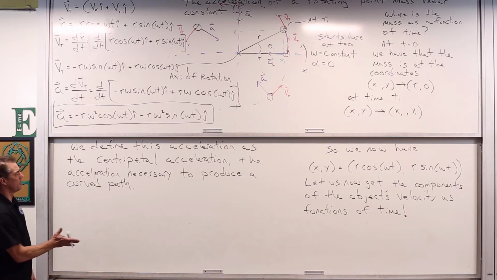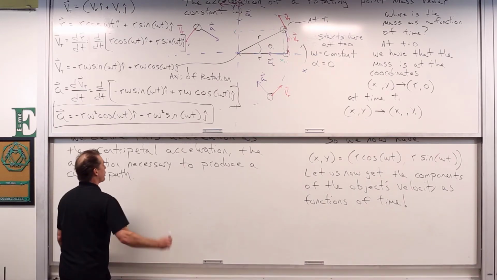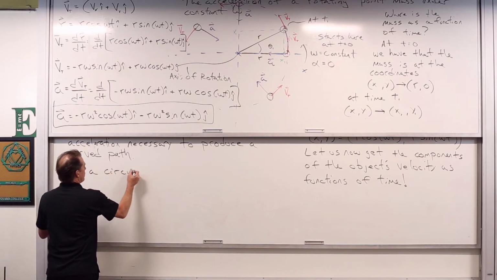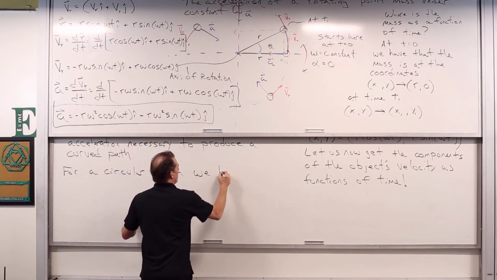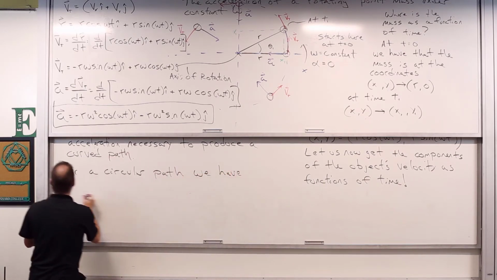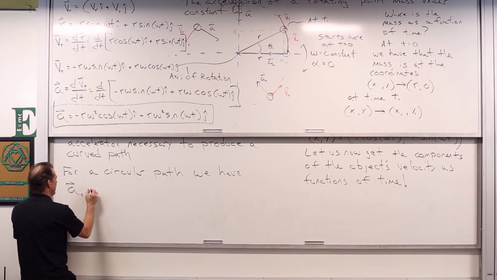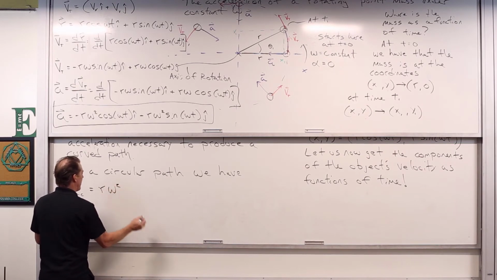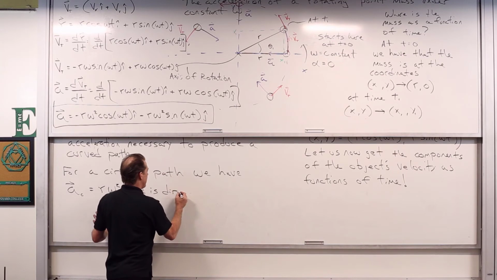Anytime something has some curvature to its path, there is some centripetal acceleration. For a circular path, a hat sub c is going to be equal to r omega squared and is directed inward.